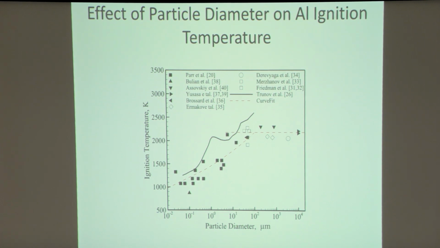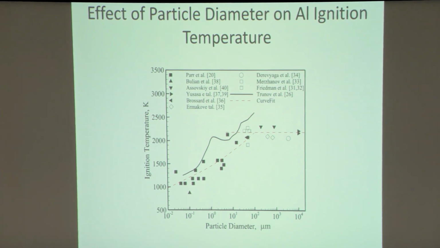As I go to smaller diameter particles, this is looking at the effective diameter on aluminum particle ignition. If I'm in the diffusion-controlled regime, with very large diameter particles, what I notice is that the ignition temperature is about 2300 Kelvin, which is the melting temperature of aluminum oxide.